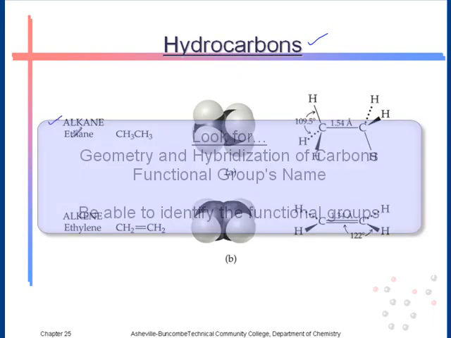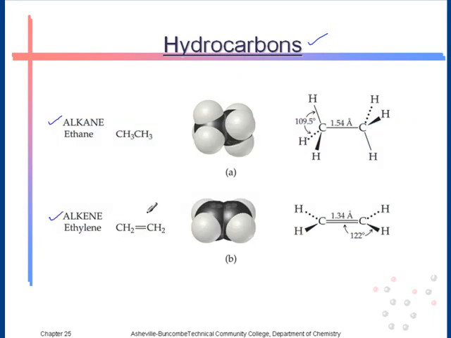So one thing we have to worry about are these functional group names, and you will get to know these very well. What the functional groups are trying to do is classify the compound based on common structural features.